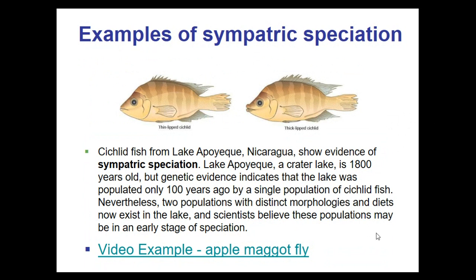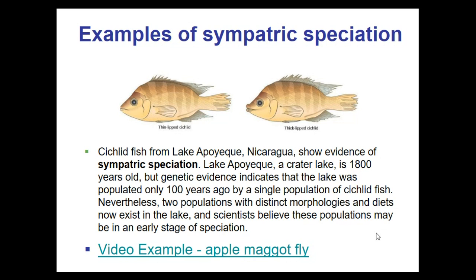So two different species evolved from one within the same lake, so they weren't separated geographically from each other. Distinct morphologies and diets in an early stage of speciation, so they're not yet different species, but it doesn't tell us what caused that.